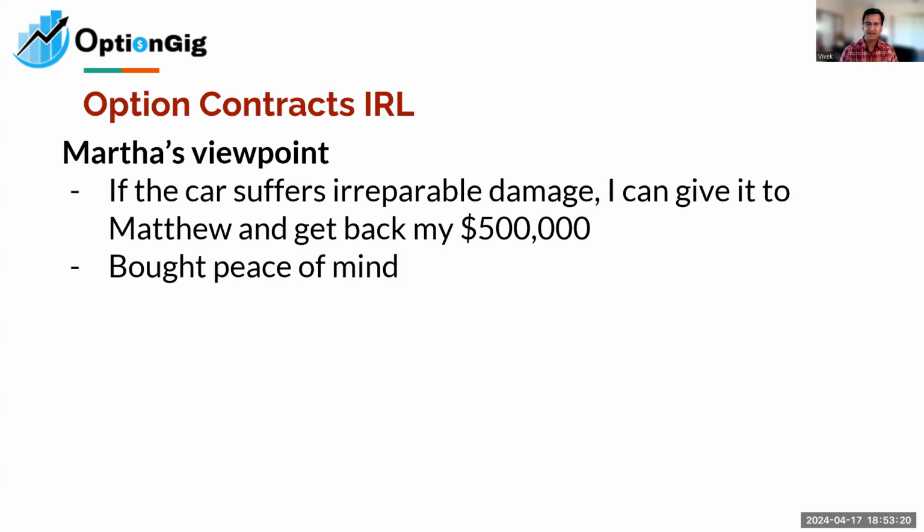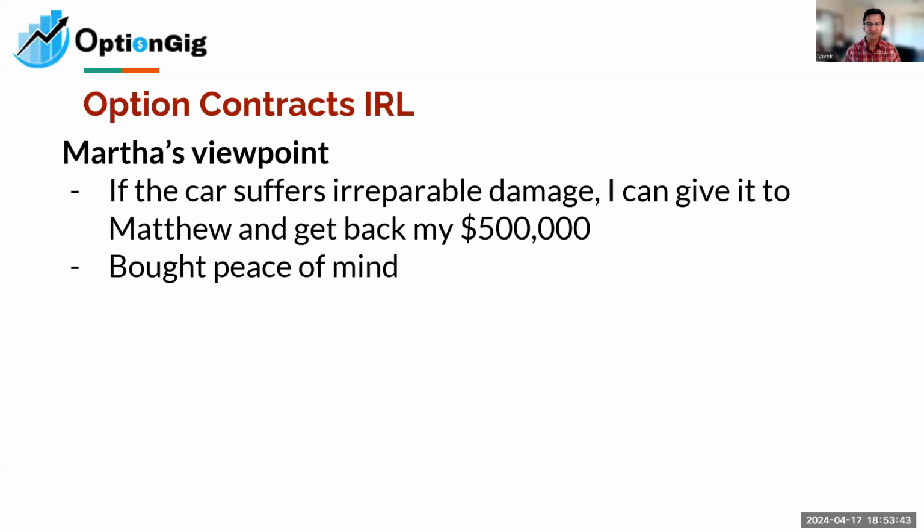I know it works a little differently. They'll ask you to buy a new car. But let's say the insurance company says, hey, we protected you for $500,000. Damage the car, it is totaled. Here's your $500,000. And as an owner, Martha bought peace of mind. She doesn't want her car to be destroyed, but just in case.